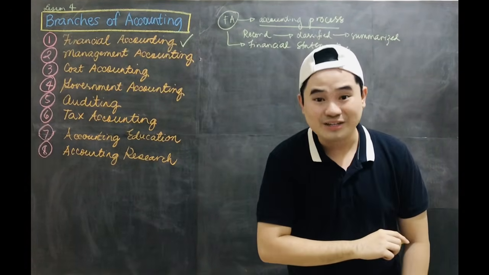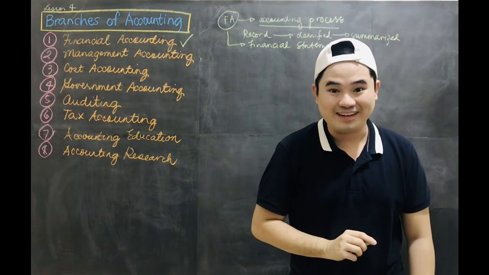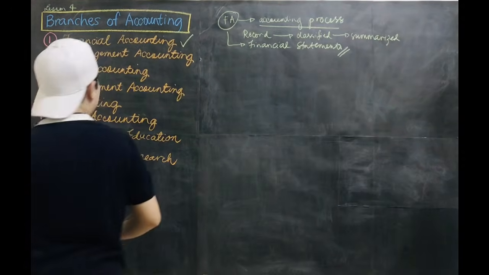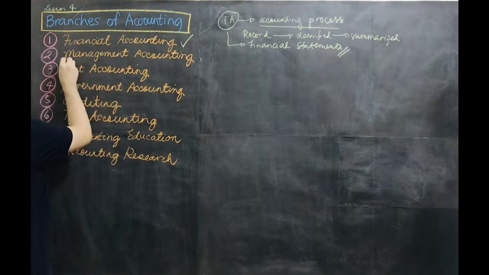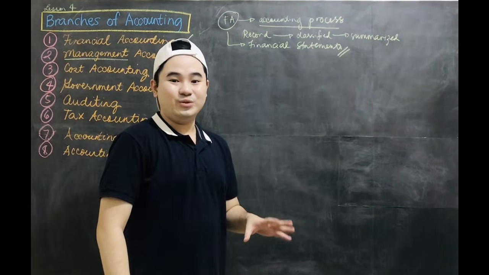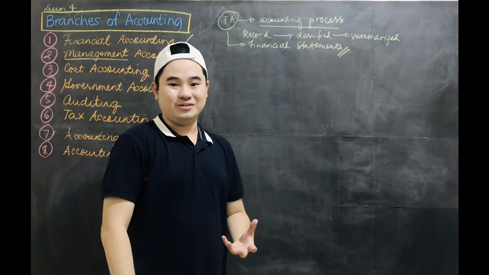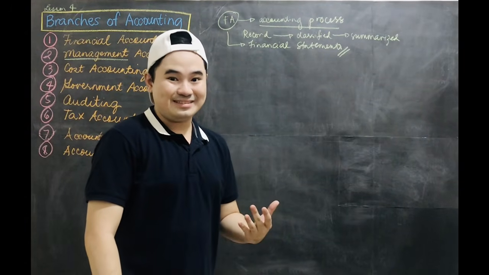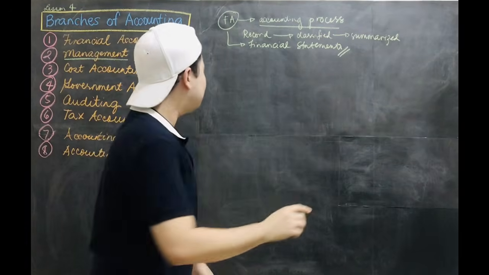Now, what is managerial accounting or management accounting? Look at the term management. It is a branch of accounting in which we collect information to be used by the management. But for what purpose?